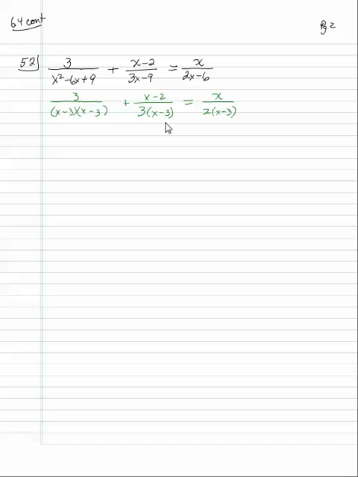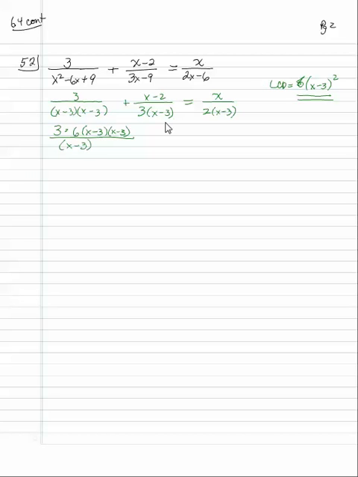Okay, so the LCD would be 2 times 3, which is 6, times x minus 3 squared. So that's what I'm going to multiply everything by. So I'm going to get 3 times 6 times x minus 3 minus 3.